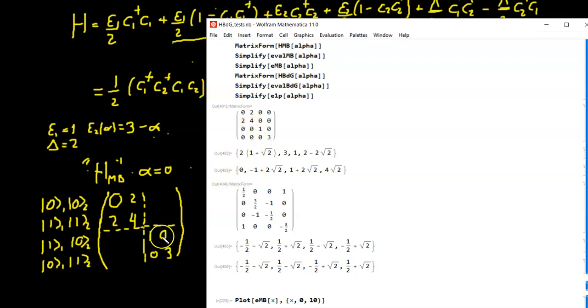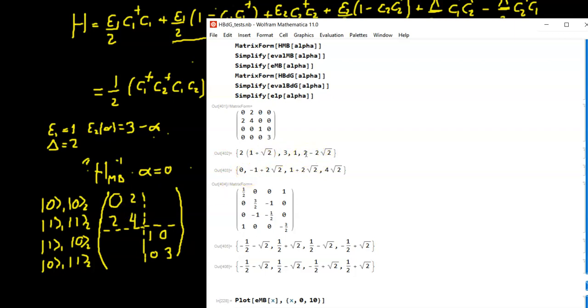If I order the states here, these are not ordered, it's just whatever the diagonalization routine gave me. But these are the states, so 1 and 3, of course. And the eigenvalues of this block are 2 minus 2 square root of 2 and 2 plus 2 square root of 2. So there are 2 levels.